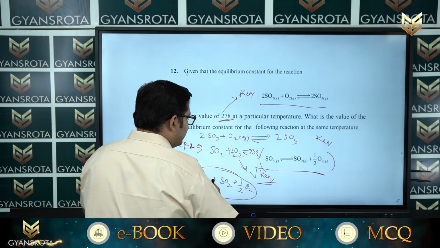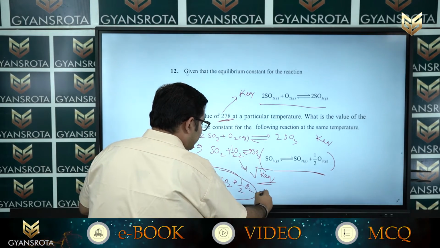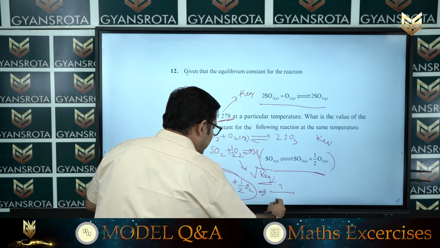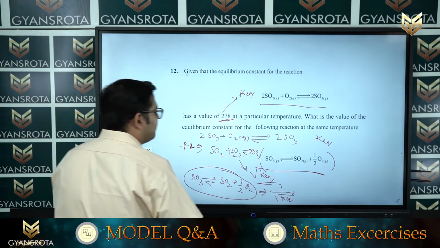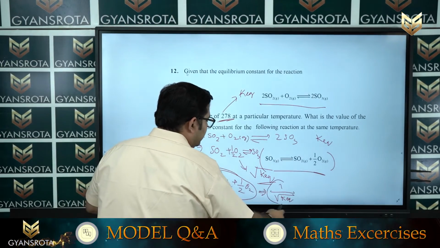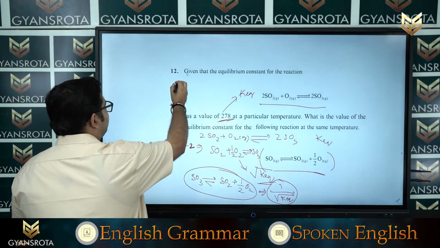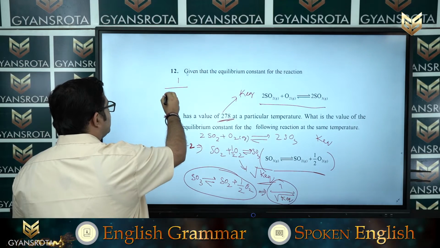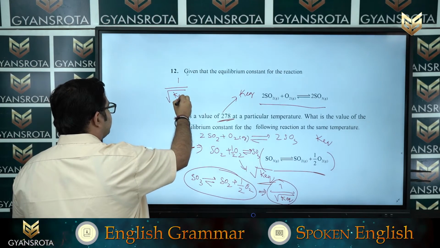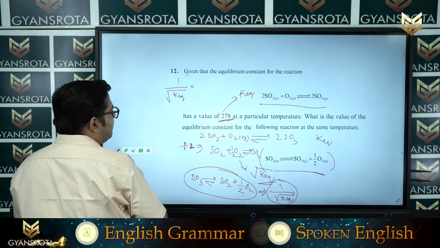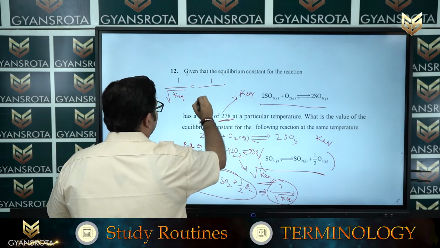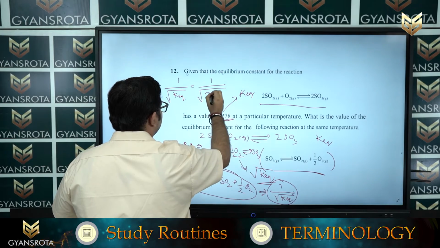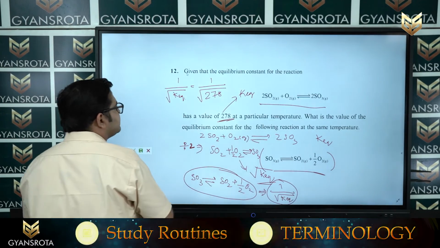If I reverse the equation, then the equilibrium value will be a fraction, that is 1 by K equilibrium. So we have to find 1 by root K equilibrium. What is the value of K equilibrium? It is given as 278, so 1 over root 278.